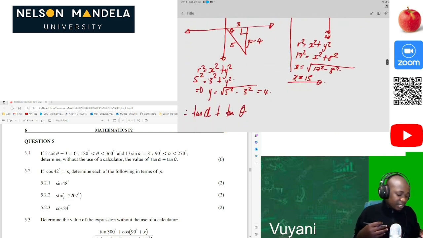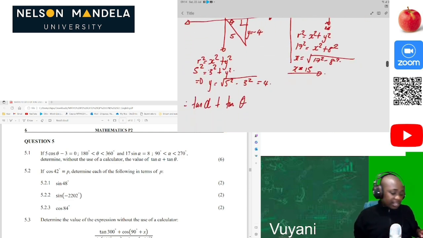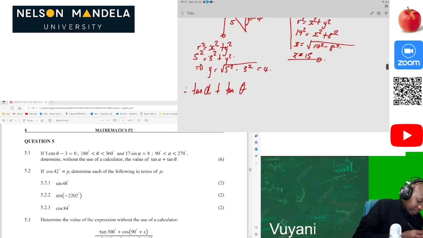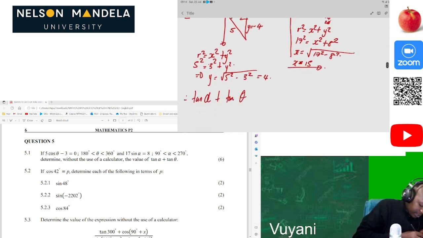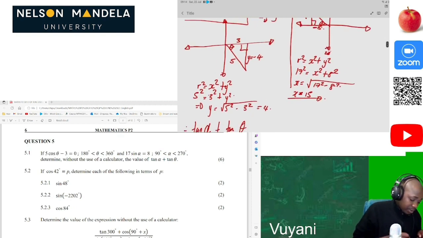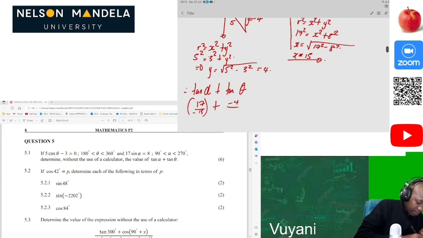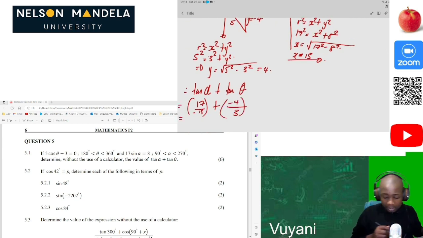What is tan? You know that tan is always opposite over adjacent. So in this instance, where is alpha? Here we are. Then our tan alpha will be 17 over negative 15 plus tan theta, which is also negative 4 over 3. Then after that, we use our calculators.